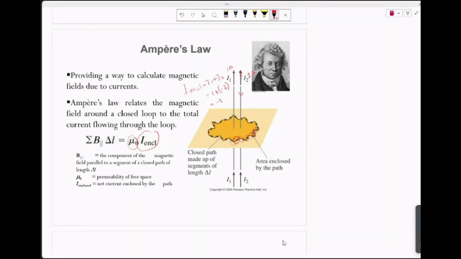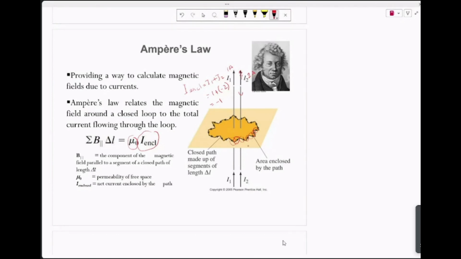If that was the case, okay, sorry. Coming back here, what does it mean? It means that the net current, the total enclosed current, will be negative 1.